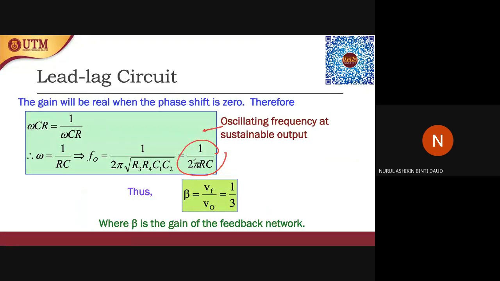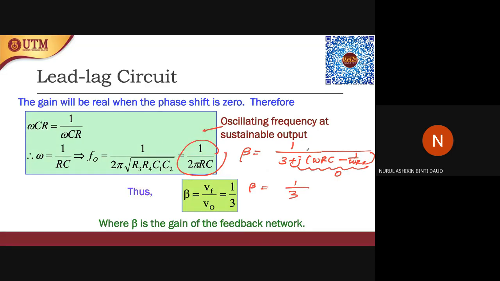Therefore beta is equal to VF over V output, which is 1/3. Since beta is 1/3 plus j omega RC minus 1 over omega RC, and to get a real number this part is going to be 0, beta will be 1/3.